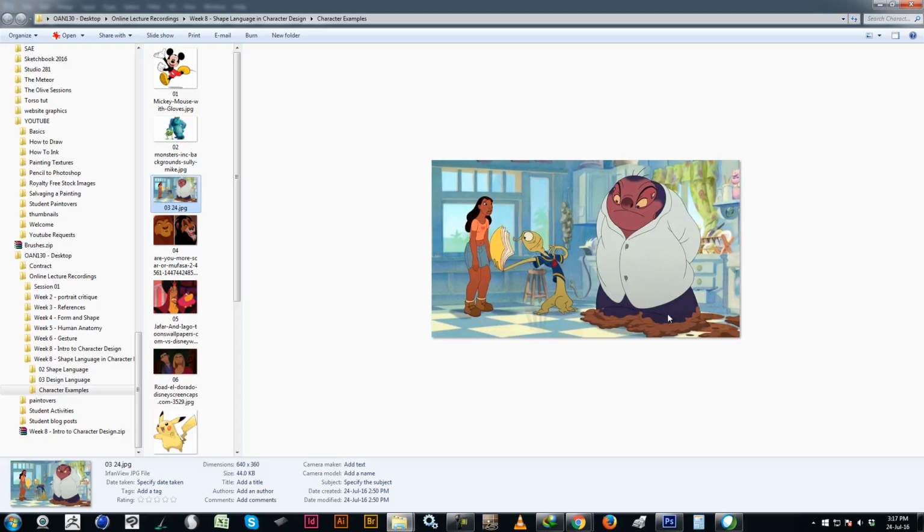So square being really big, solid, blocky, strong, but then you round him out with circles because the character, though he's quote unquote one of the bad guys in the beginning, does soften and helps the main characters as the story progresses. So he's strong but soft.